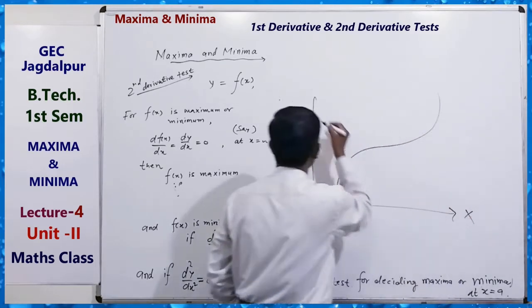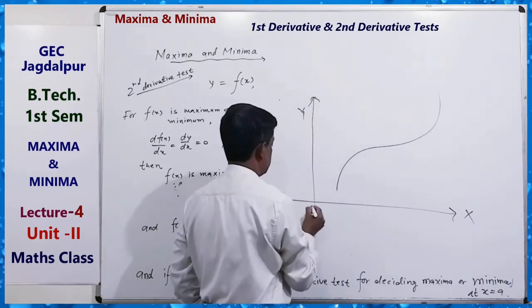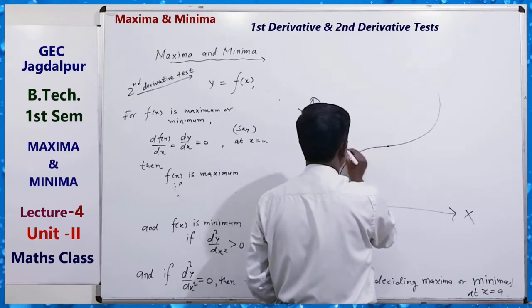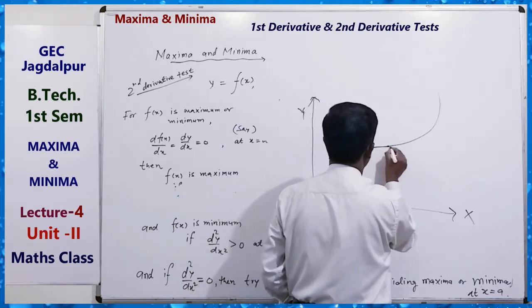Suppose this is the x-axis, this is the y-axis, and this is a curve and this is a point.